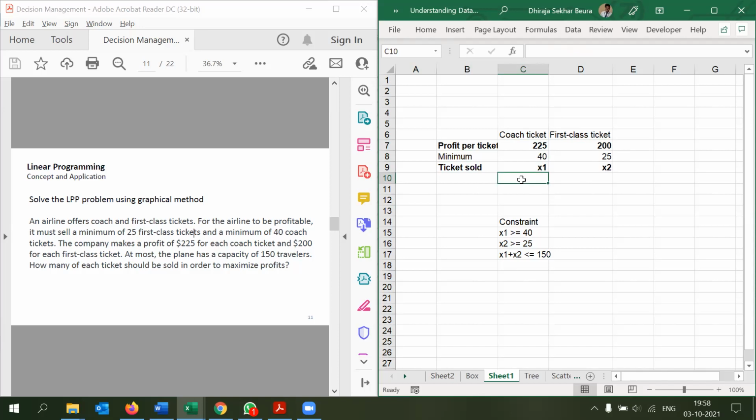No. Again, I'll tell you something. Suppose you are selling dosa. Suppose you make a profit of 10 rupees per dosa. Suppose you sold 50 dosas in a day. Now, how much profit did you make? 50 into 10, that is 500.